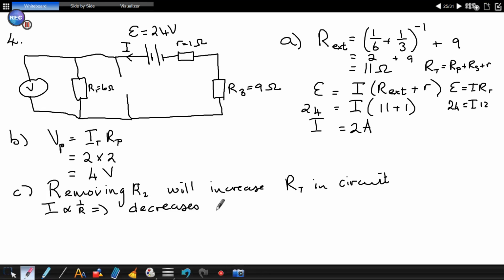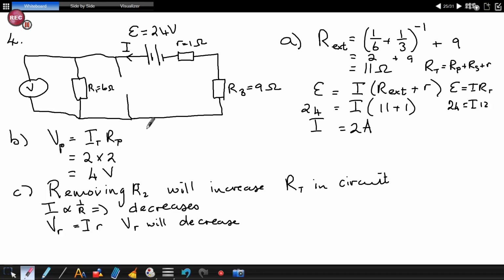Okay. Now, if the current is decreased, what will happen to the lost volts? If the current is decreased, your total current flows through the battery. So what is going to happen to the lost volts? VR will decrease. Okay, now we need to start thinking.